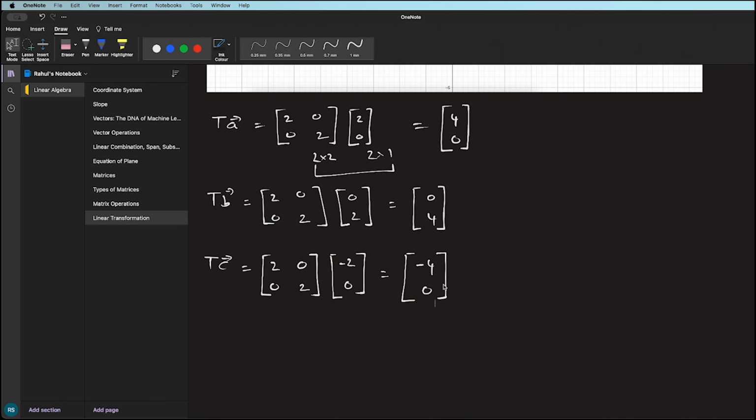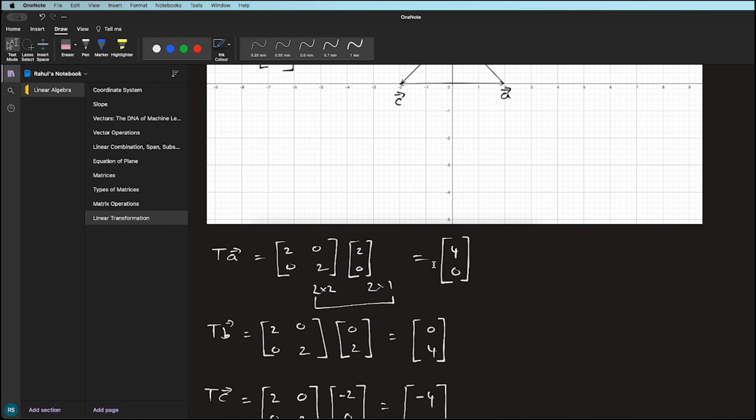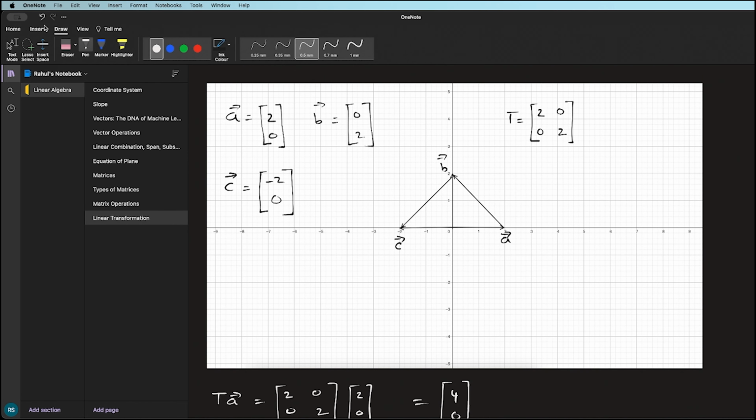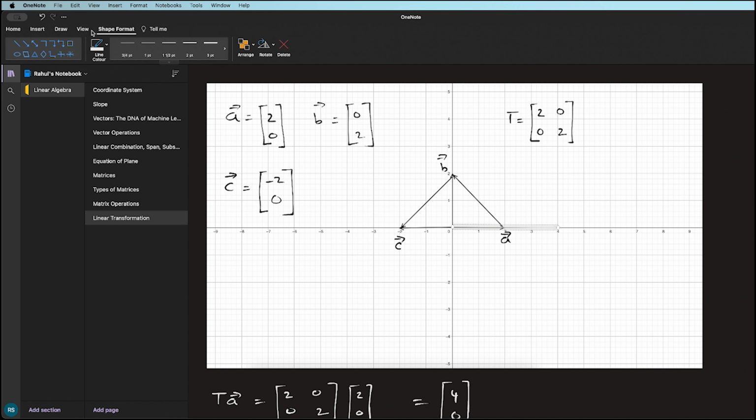So let's plot these vectors on the same graph. If I plot the transformation of A, that is 4, 0, it will be this one.